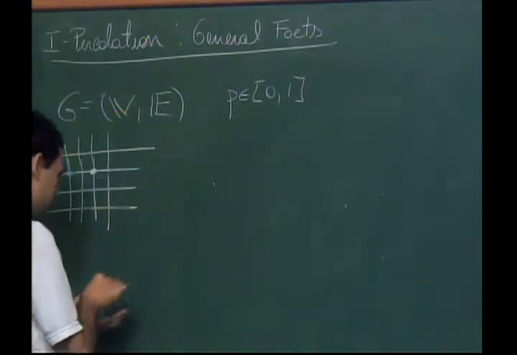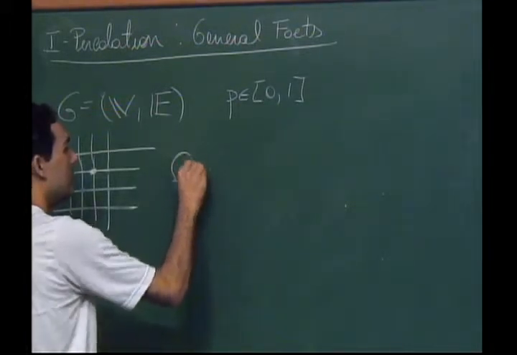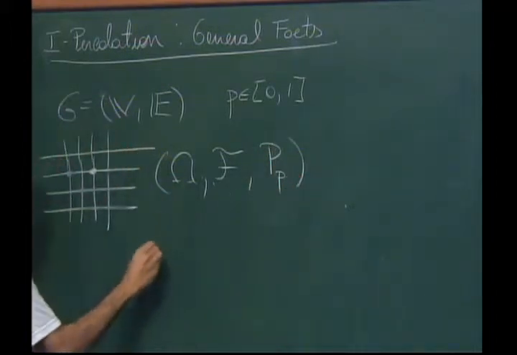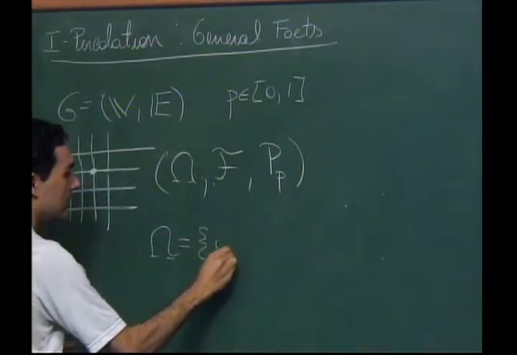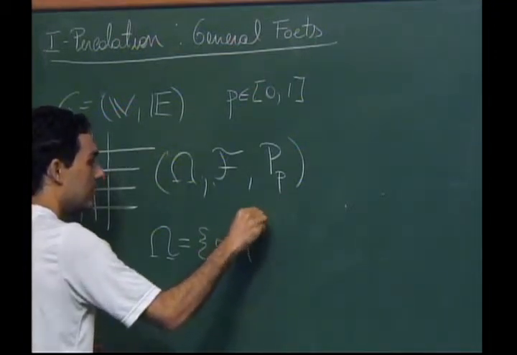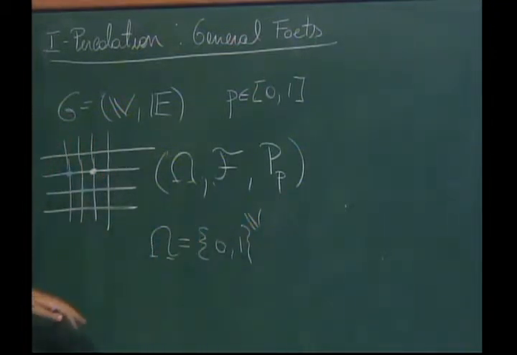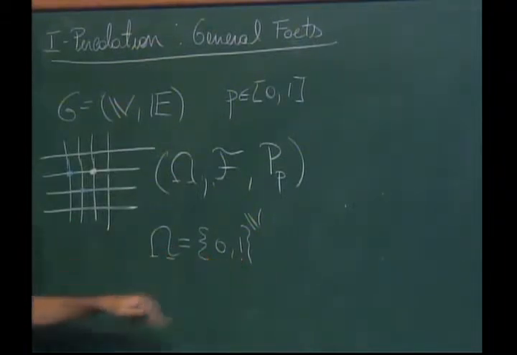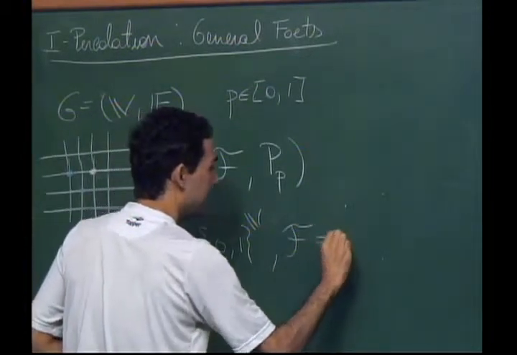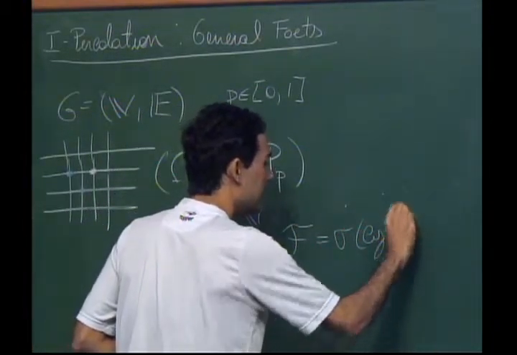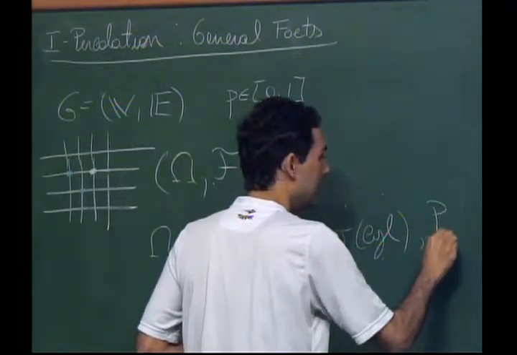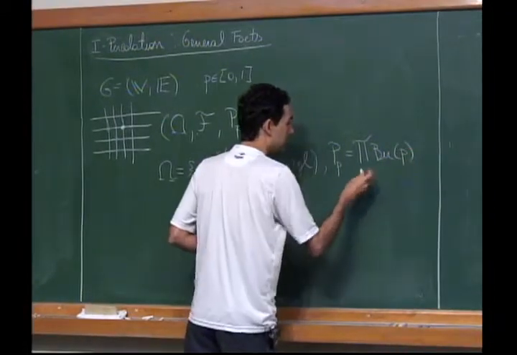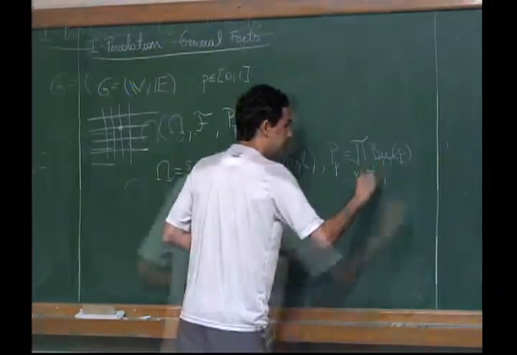Then the probability space that describes this model is omega equals {0,1} to the power of the vertex set. We can think of 0 as closed and 1 as open. F is the sigma algebra generated by cylinder sets, and P_p is the product of Bernoulli measures with parameter p. Okay?